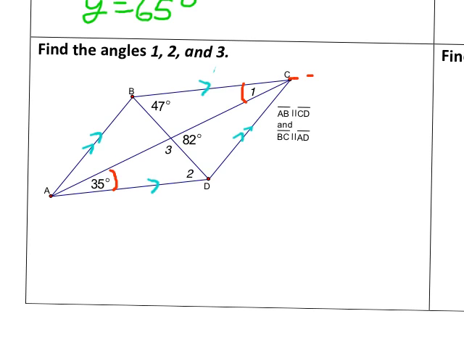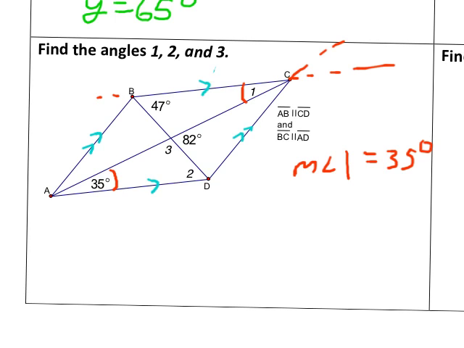Remember, if we extend the parallel lines, we've got a transversal, and those are congruent. So the measure of angle 1 equals 35.